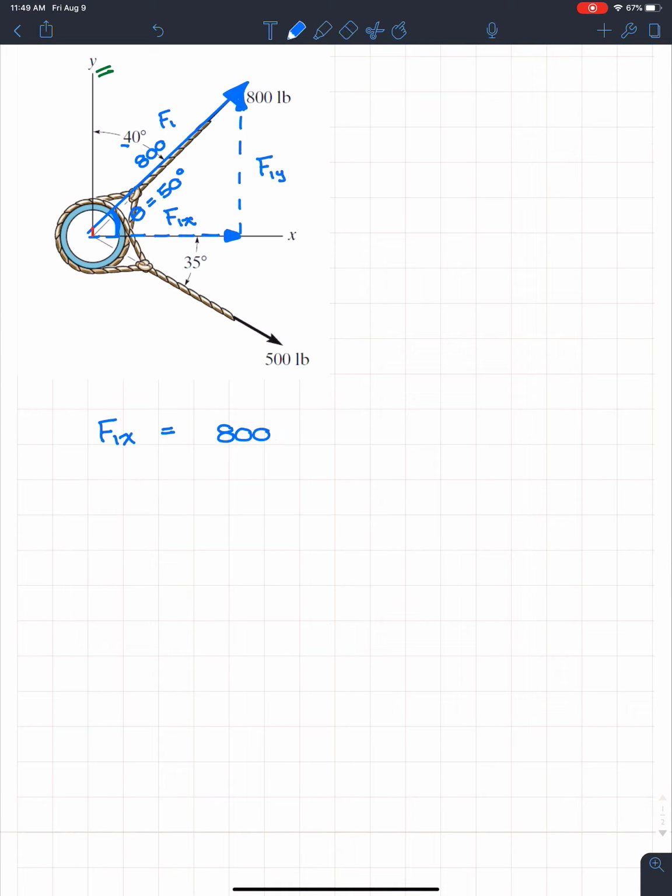This is why I prefer having the angle with the x-axis, because F1x will always be the cosine of the angle. So 800 times the cosine of 50 degrees. If we type that into our calculator, we'll get 514.2 pounds.